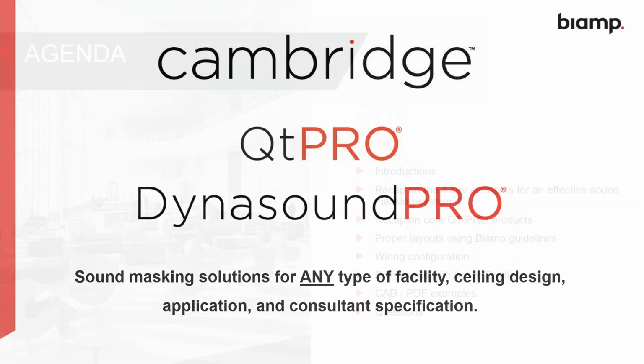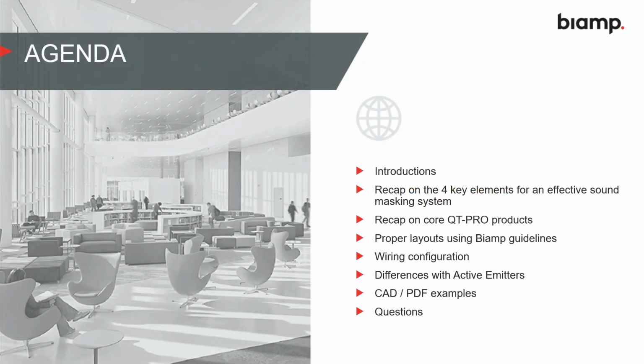So what I want to go through today with you is to recap on the 4 key elements for an effective sound masking system. We covered these in a previous webinar, but I just need to recap these, and also for maybe people who haven't seen that one. Just do a quick recap on the QT products that we're talking about for the designs.